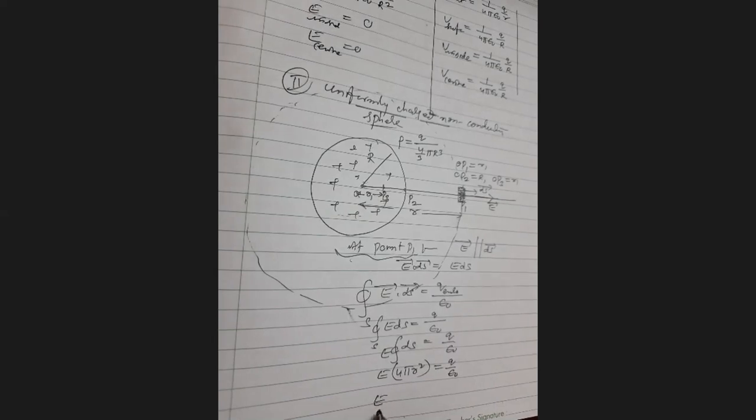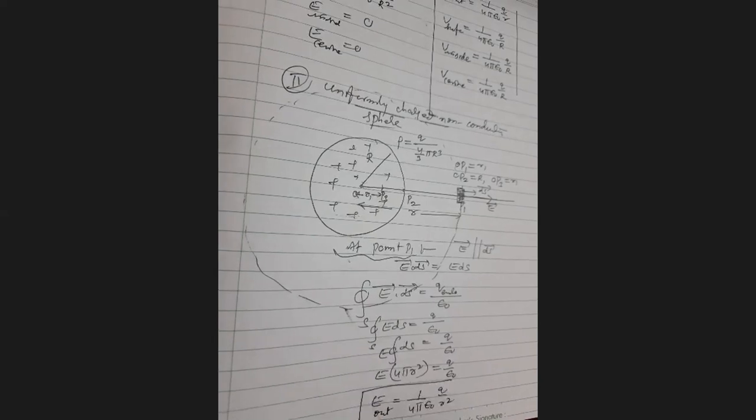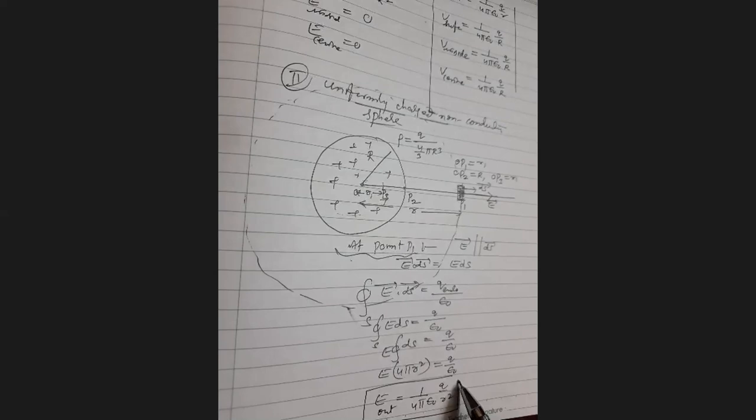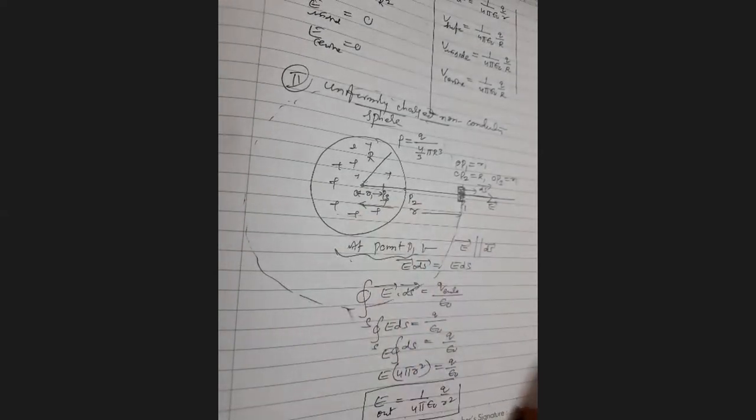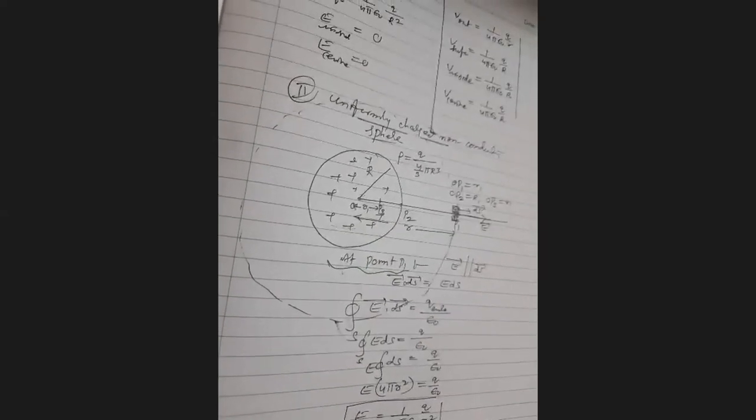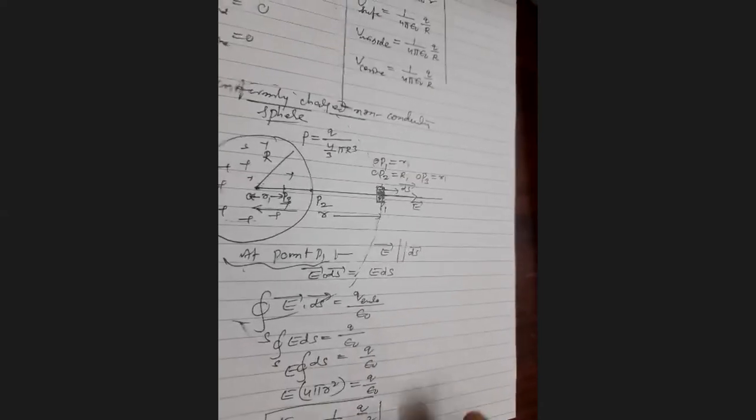Therefore, E outside is equal to 1 by 4 pi epsilon naught Q by R square. This is the electric field strength outside of the non-conducting sphere. E is inversely proportional to R square here. So using this expression, we can simply calculate the potential at that point.